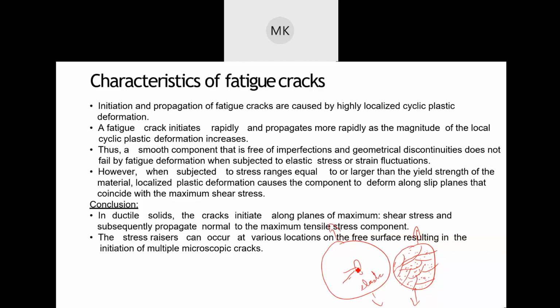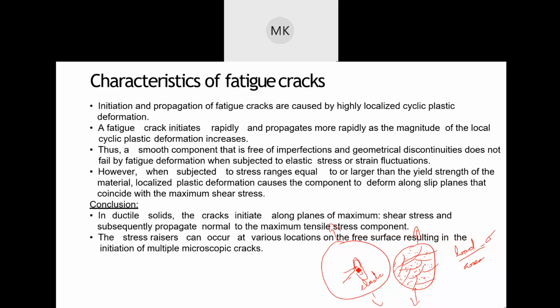But at this point, since the area of that crack tip is so small for the load that is applied, load divided by the small area is going to give you a stress which is way higher than the yield stress of the material. So this area is going to have a plastic zone.